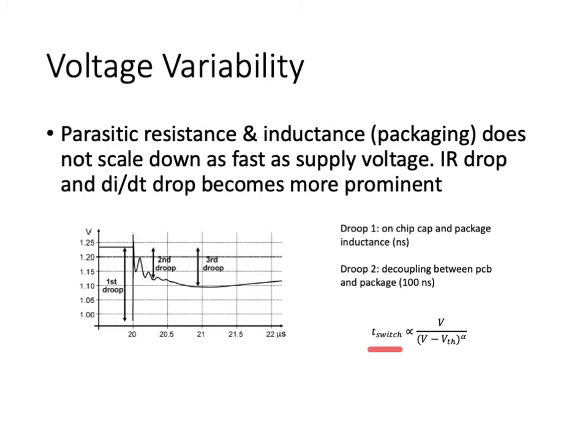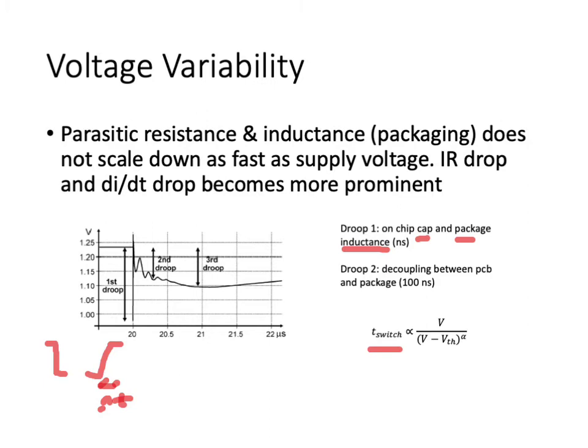So let's say your logic gate is going from a high to a low, and then a low to a high, and this happens in a very, very short time instance, a very short dt here. And so the on-chip capacitance and the inductance due to the package, that is the connection, the wire bonds to the leads, this introduces additional inductance, this introduces additional resistance.